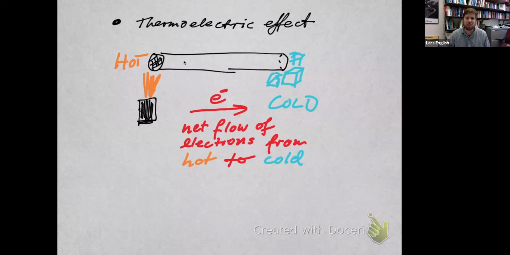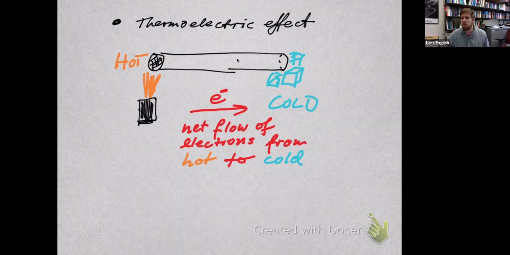So electrons over here collide more violently with the ionic lattice, and so they will get scattered at an average higher velocity than electrons over here. Electrons get scattered in all directions.